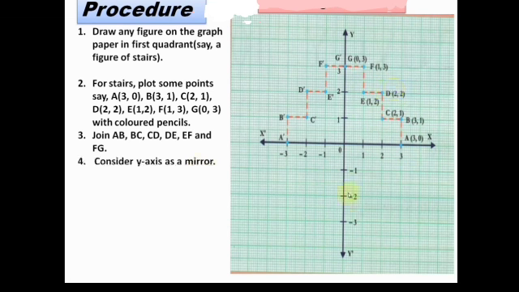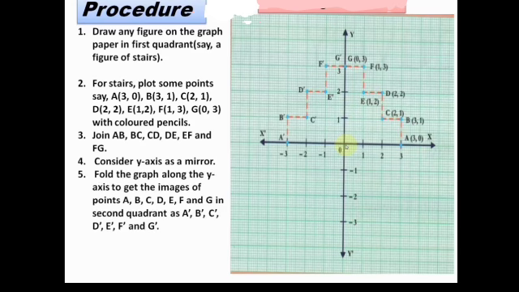Now we will consider the y-axis as a mirror, and then we will fold this graph paper along the y-axis, and we will get the mirror image of all these points in the second quadrant. As you can see here, the mirror image of point A is A dash, of B is B dash, C is C dash, D is D dash, E is E dash, F is F dash, and of G is G dash only.